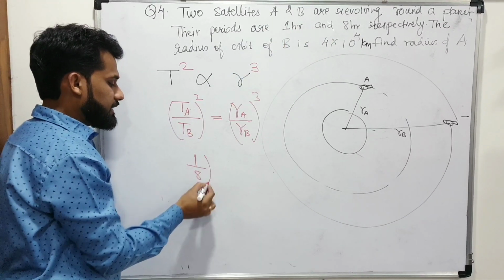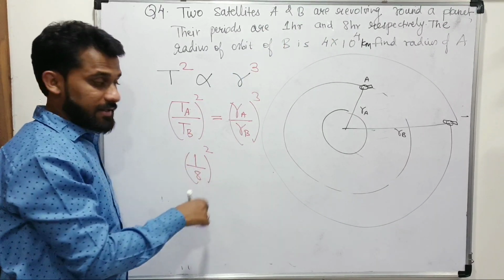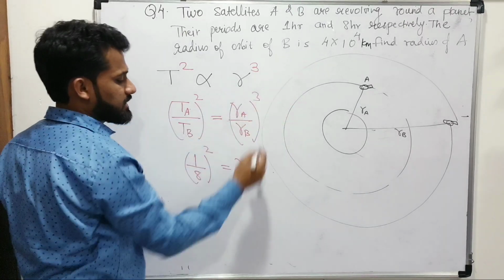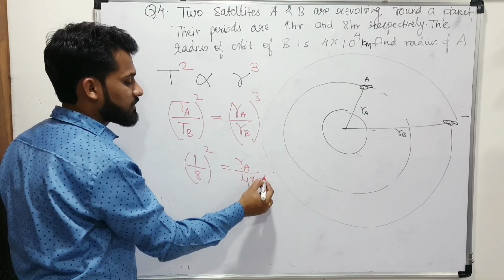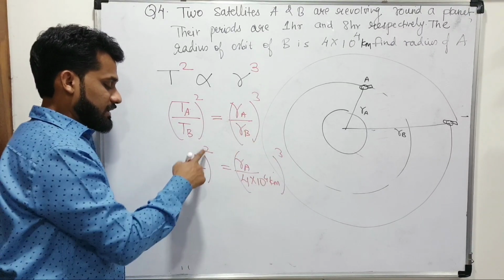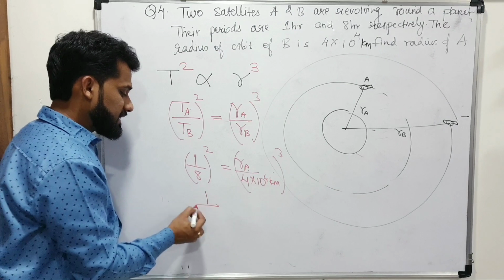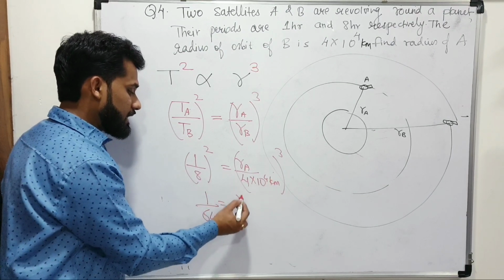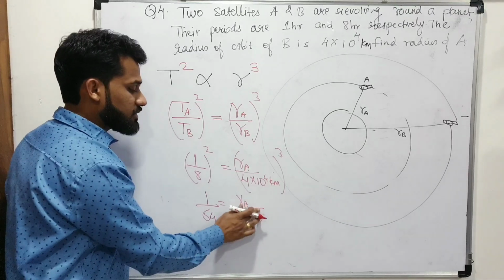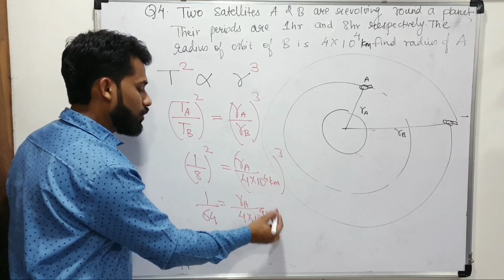So 1 by 8, the whole square, is RA upon RB, the second one is 4 times 10 to the power 4 kilometers, the whole cube. And the square of 1 by 8 is 1 by 64, is RA upon 4 times 10 to the power 4 kilometers, the whole cube.